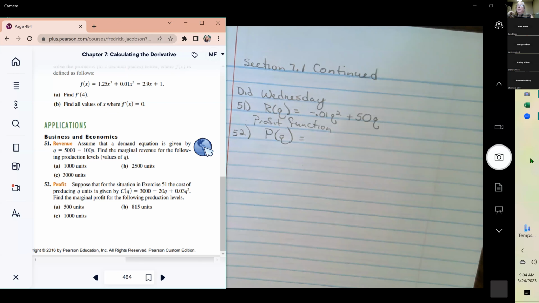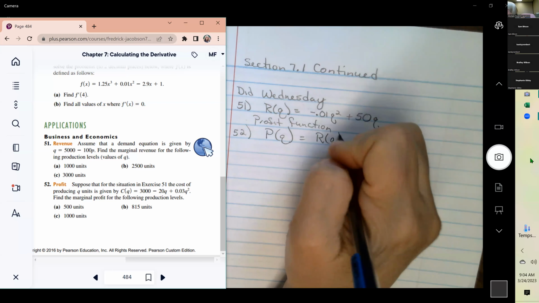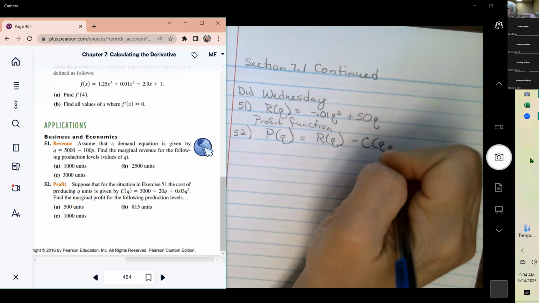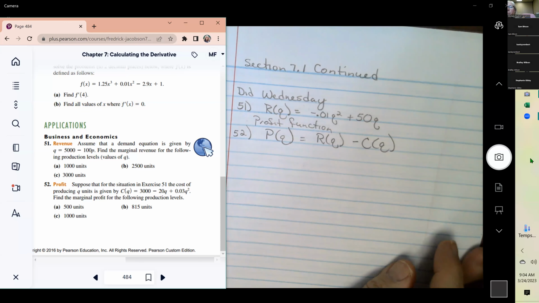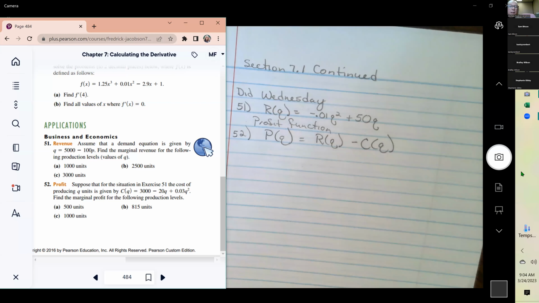Remember from the last exam, profit is revenue minus cost. And so we use the revenue that we found in the equation before and then subtract the cost equation that they gave us.